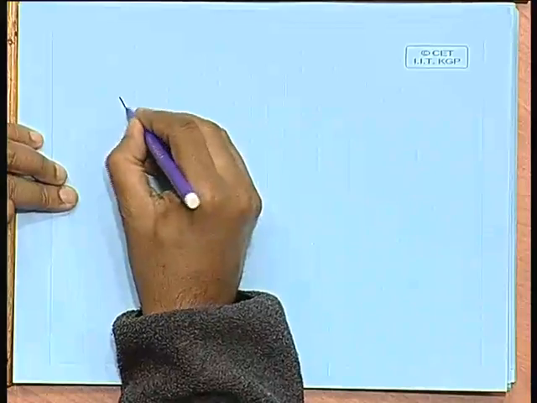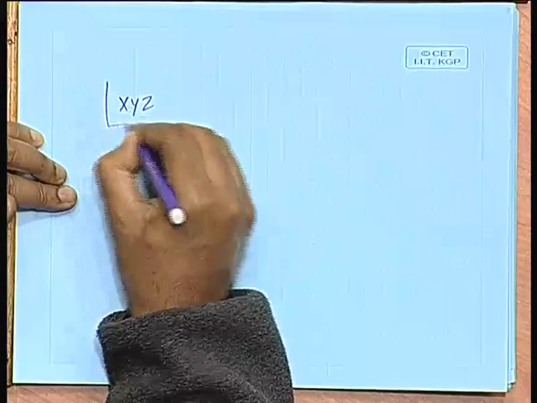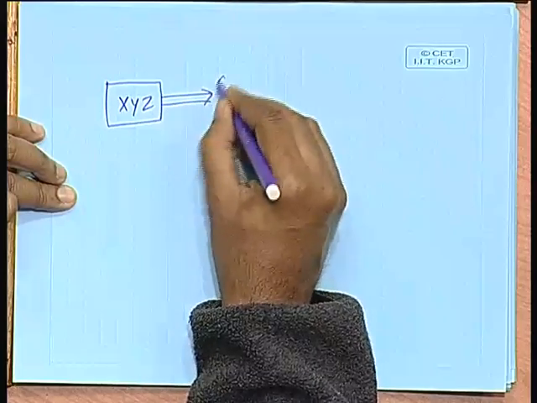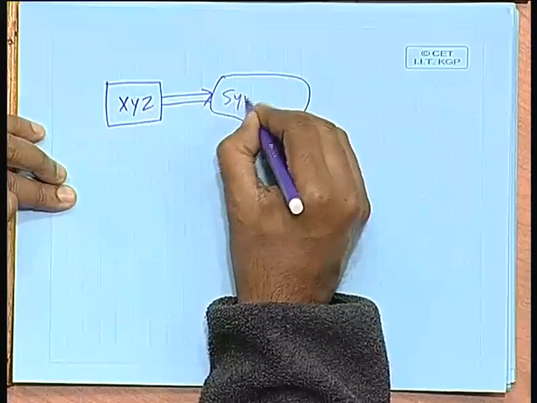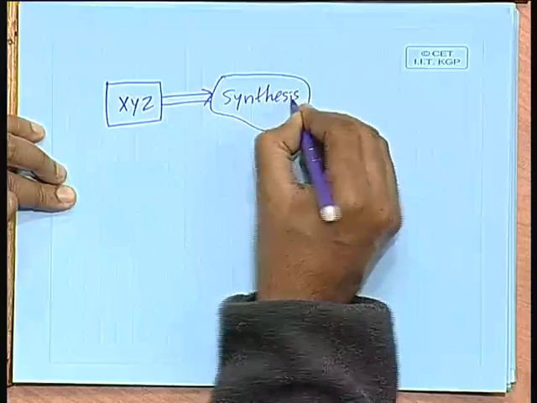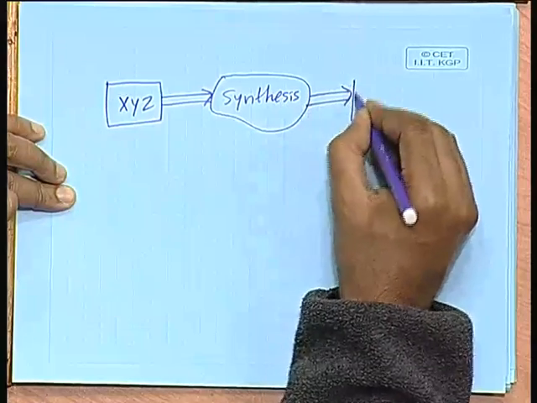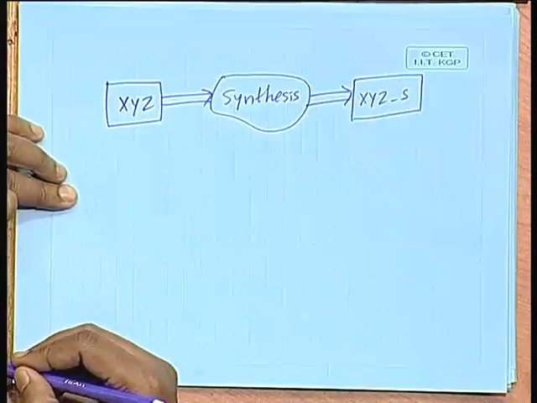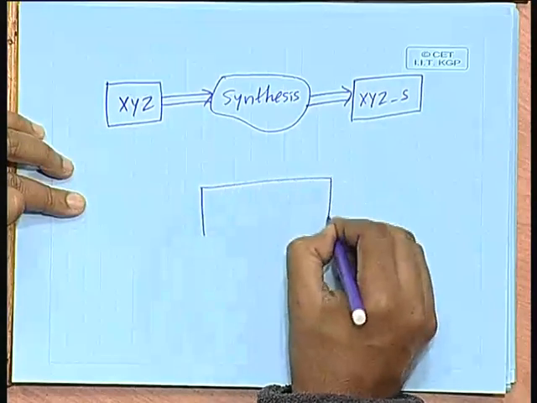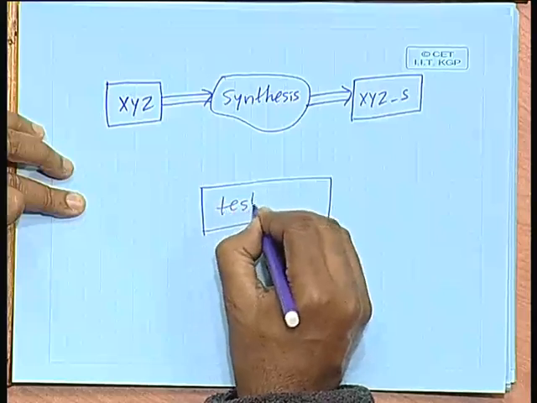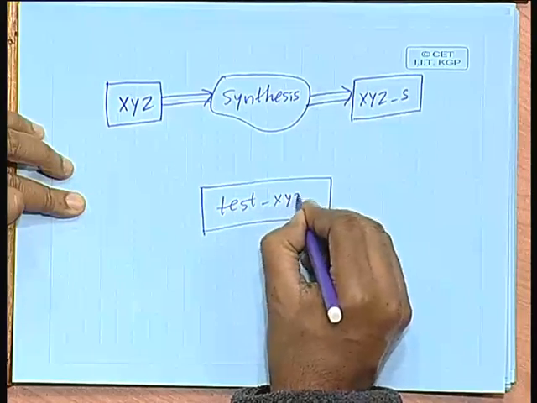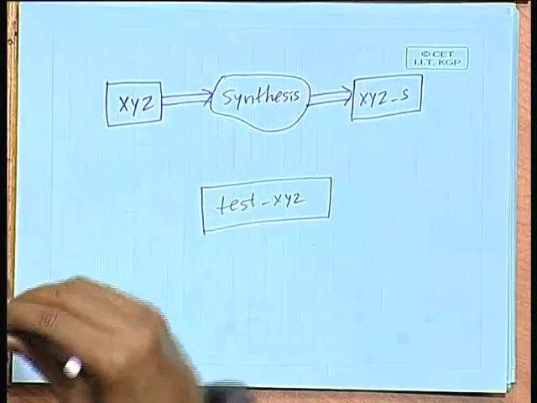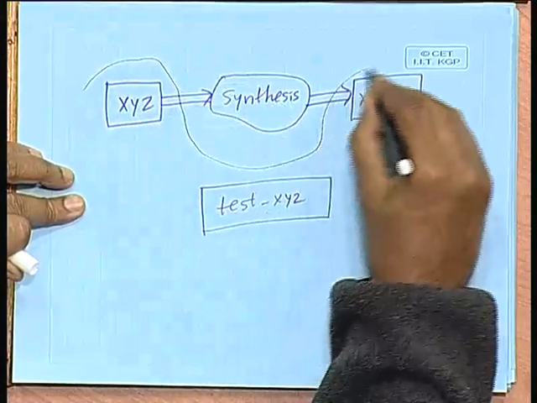You have this XYZ, which you have written, you give this specification to the synthesizer, you carry out synthesis, you get another version of XYZ, this we call XYZ S, and you already have test XYZ, but of course you will have to modify test XYZ now. Now what you do, you integrate these three in the top level module.